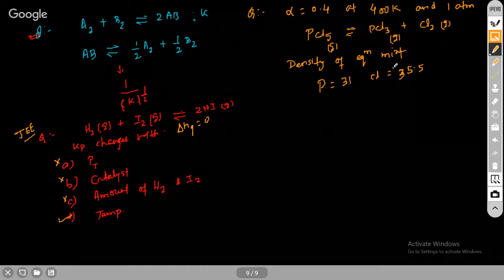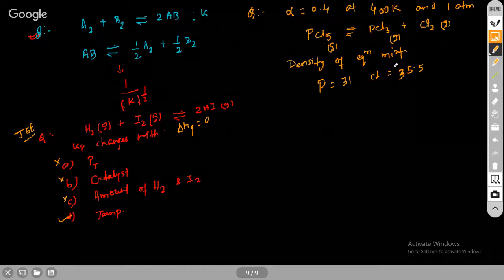Why not C? Okay, Ritvik. See, why C is not possible? Because the thing is, Kp will have a certain value at equilibrium, because every reactant and product will have a certain number of moles at equilibrium, and according to that will have the partial pressure.